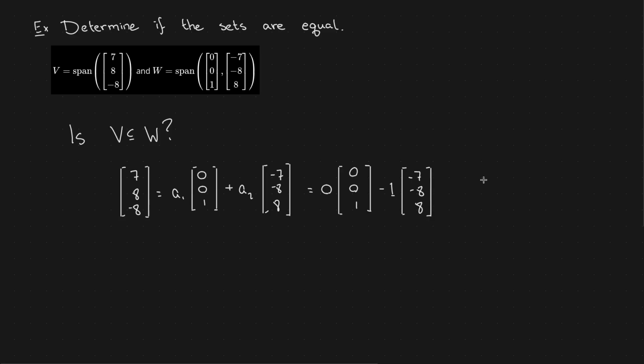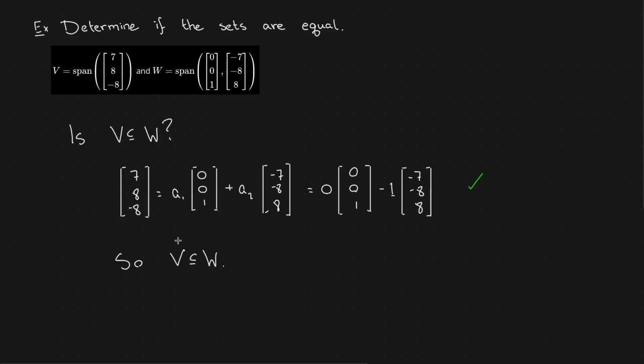Right? So it checks out. Which means this vector is in W because I could express it as a linear combination of these vectors. That's what it means to be in the span. Okay, and so V is a subset of W. Because this one vector is in W, every linear combination of this vector is also in W.